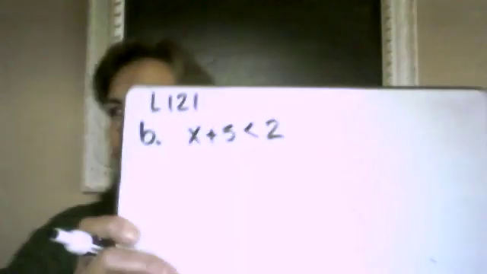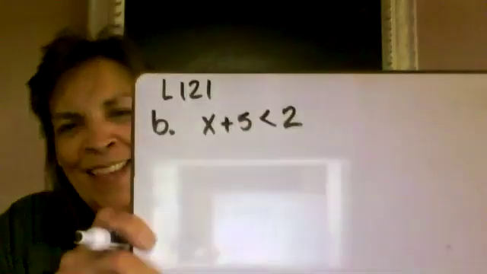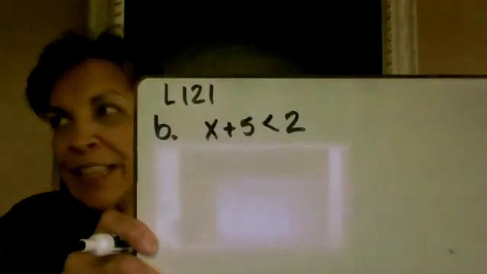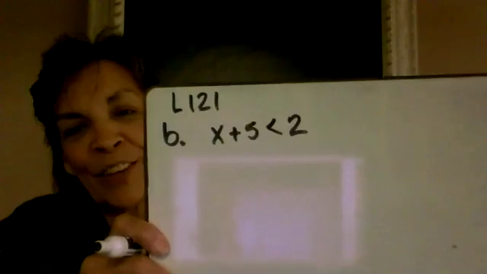Okay, let's do another example. Let's do practice B. Lesson 121, practice B. X plus 5 is less than 2. Let's solve for x.